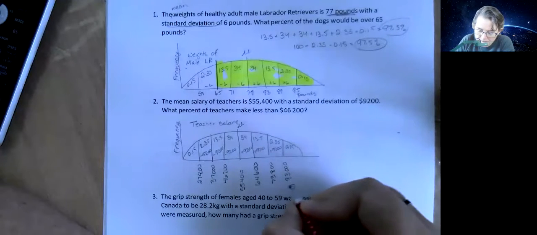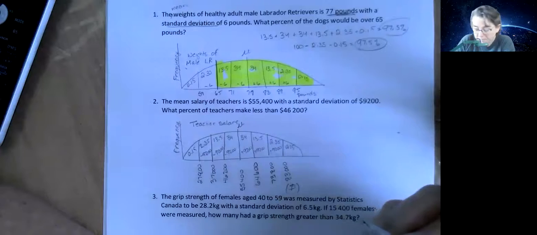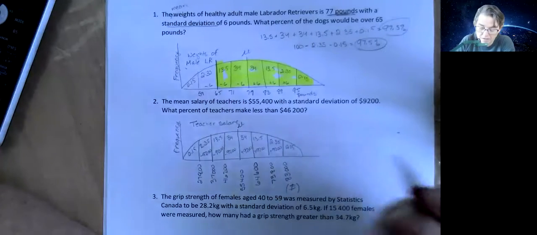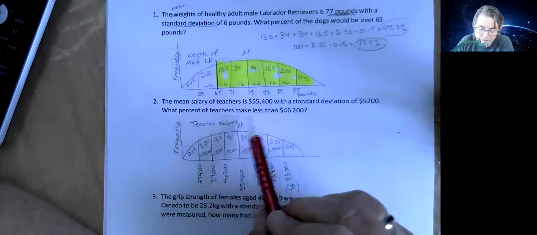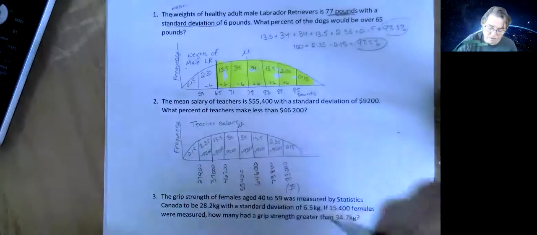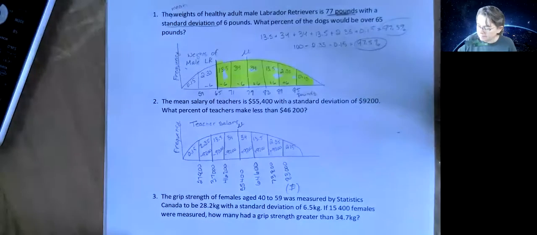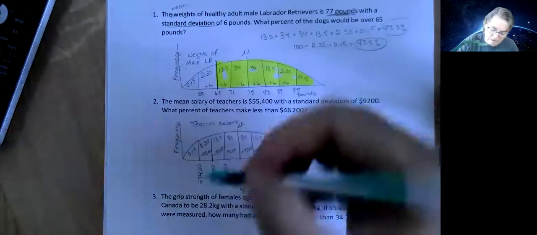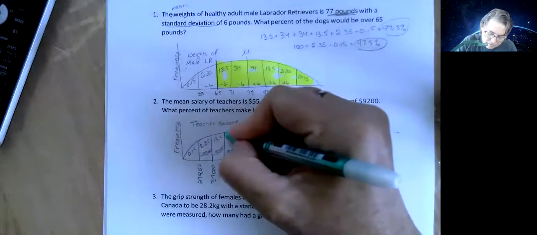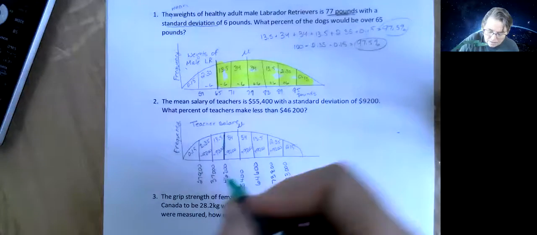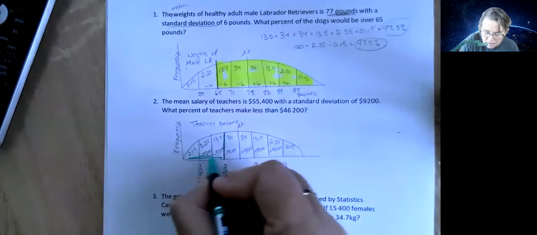I guess for units down here, we'll just put dollars. All right, what percent of teachers make less than 46.2? All right, use my green pen. There's 46.2. So we want this section in here.